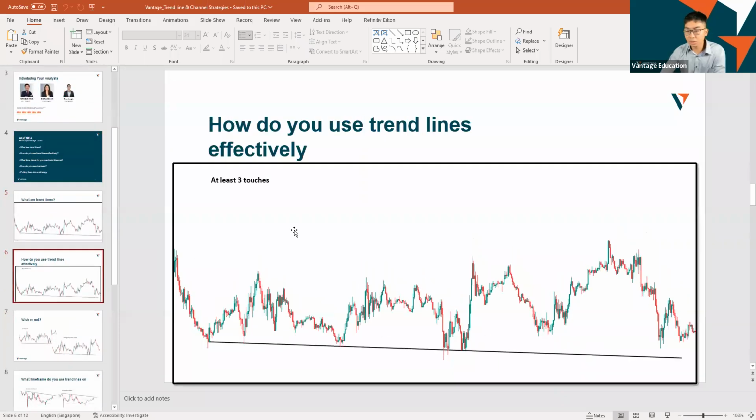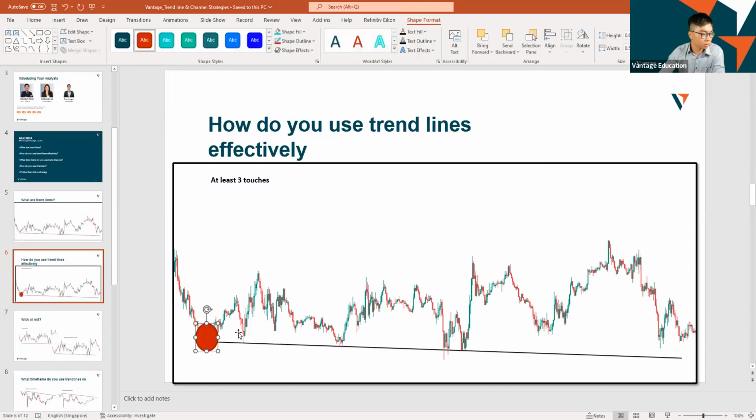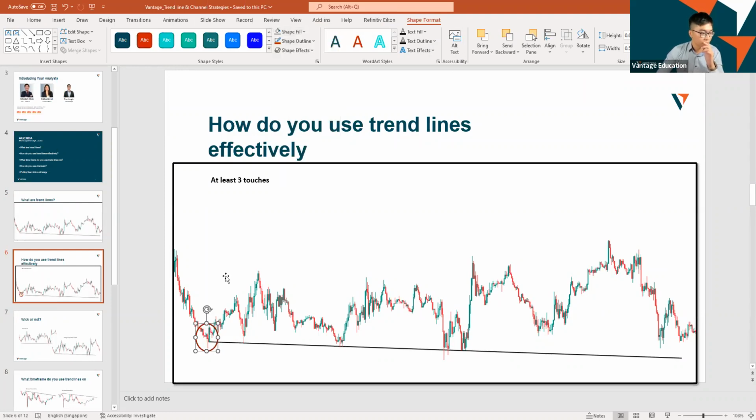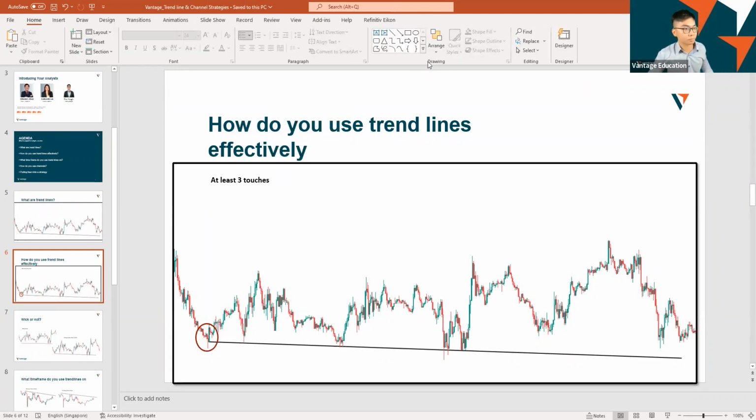How do we use the trend line effectively? A trend line needs a minimum of at least 3 touches. 1 touch, sorry. Let me get it transparent. Shape fill, no fill. Okay, so we have at least 1 touch, 2 touch.